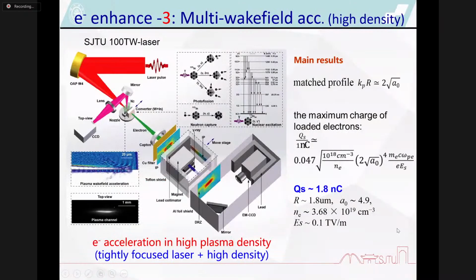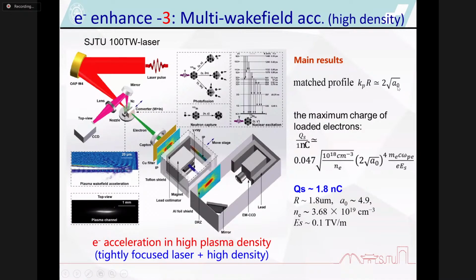So in these 2 years, actually, we found the third method is a more effective way. We tightly focused the 100 terawatt laser onto the high density plasma. So we really got the matched condition, this matched profile condition.